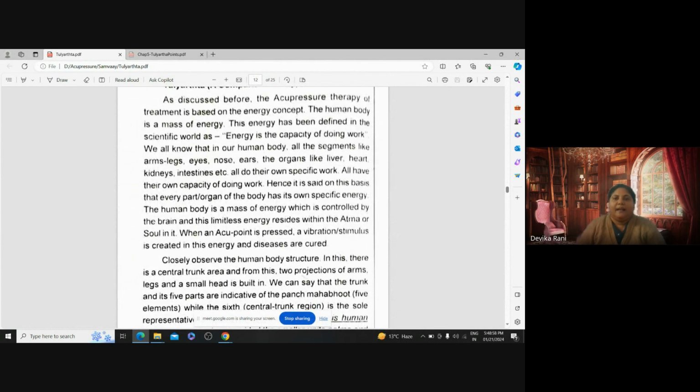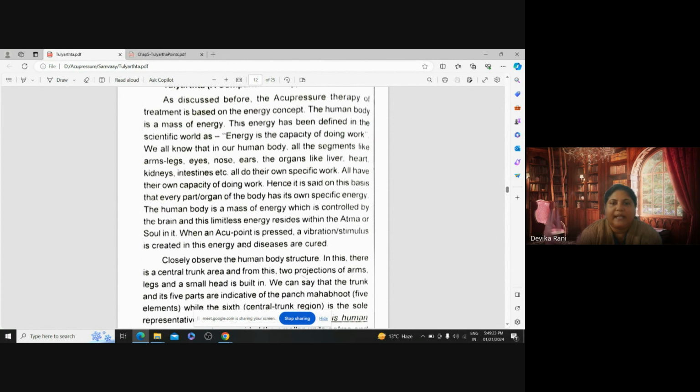Now, acupressure uses energy in the body. And ultimately, how? Because whatever energy we have, if we press a particular point, we stimulate that point, we can then balance its energy. So our body uses energy.